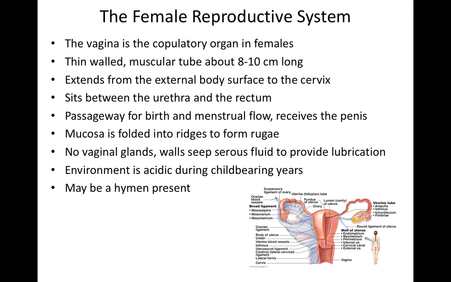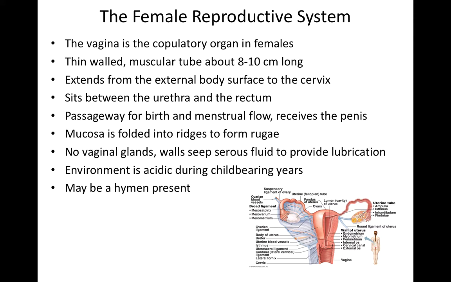The vagina does not have any actual glands in and of itself. The walls essentially will sort of seep serous fluid, and that's where vaginal lubrication comes in. And then this also decreases as the female ages, and so we tend to see vaginal dryness become an issue, particularly after menopause.